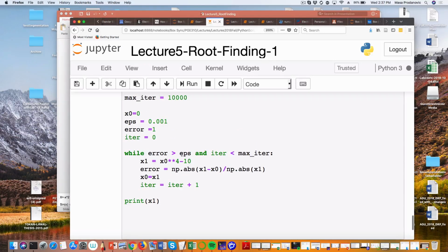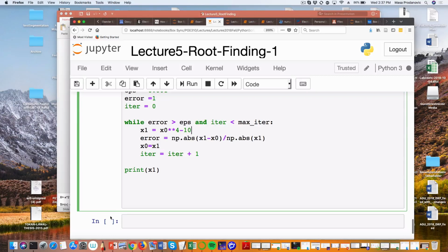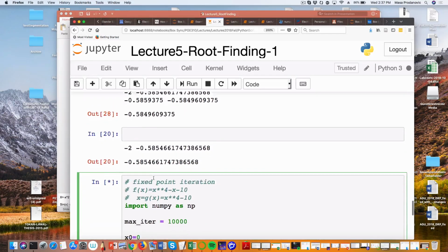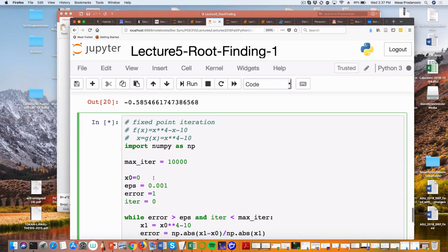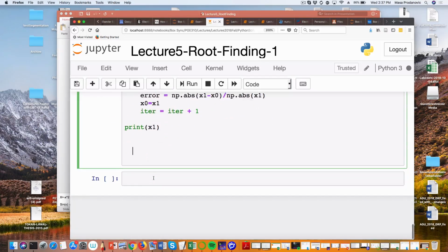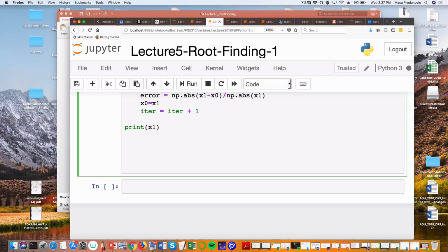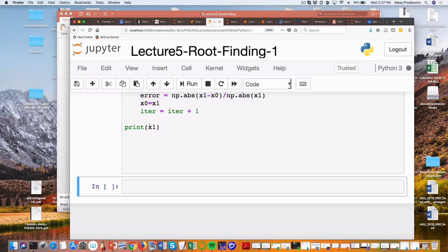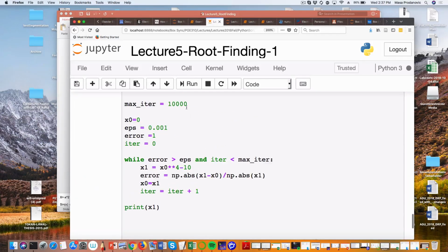Has it even entered while error larger than epsilon? There's no star here. We'll go up because mine has stars. There you go. 10,000, it hasn't stopped. Should have been able to handle 10,000. Let's do 100.